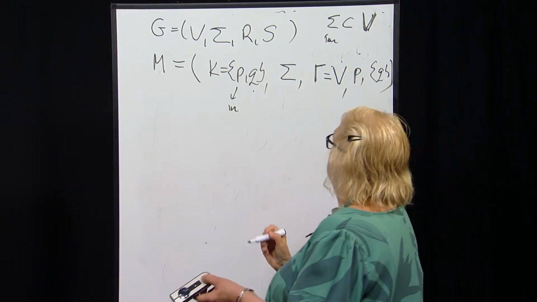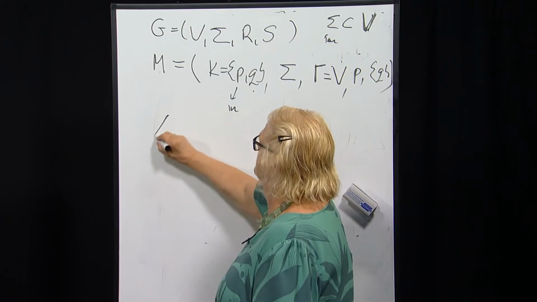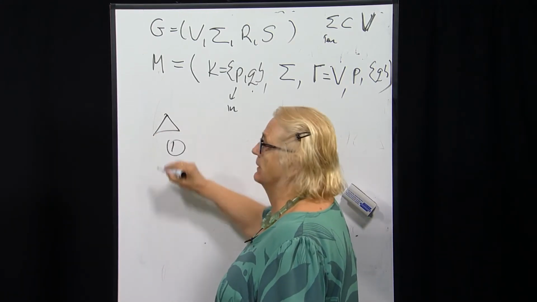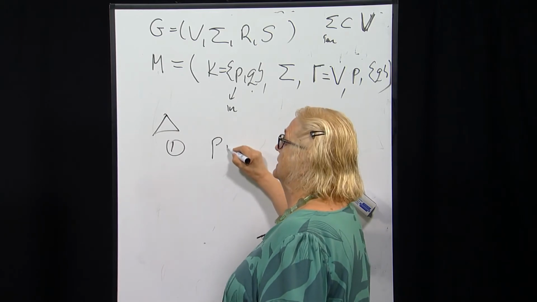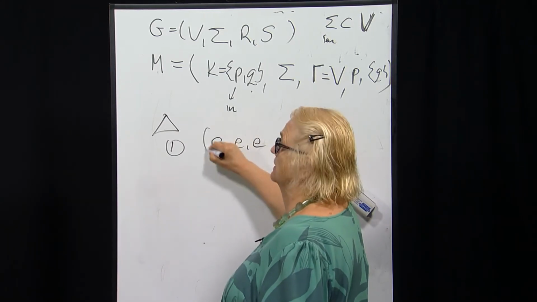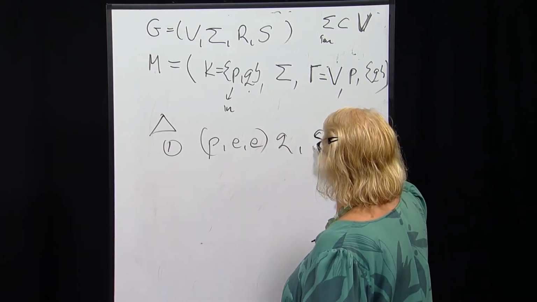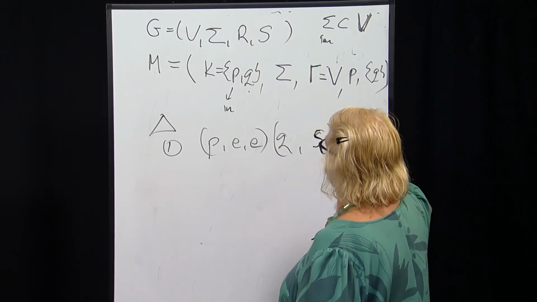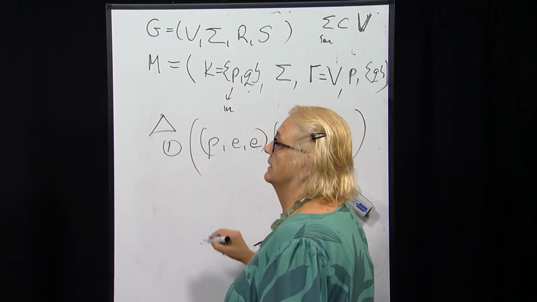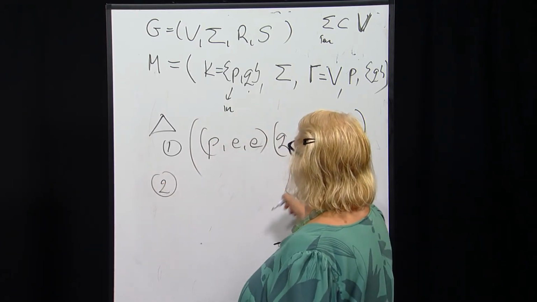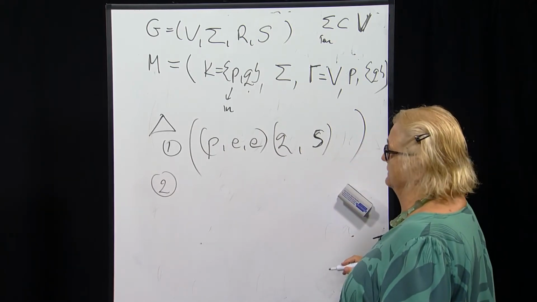And delta contains three types of transitions. The first is (P, e, e), (Q, S): initial state of automaton P, and S is the initial symbol of grammar.